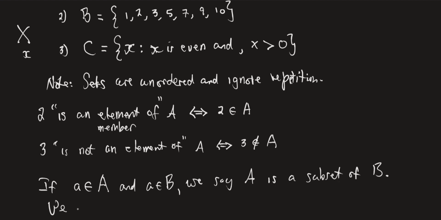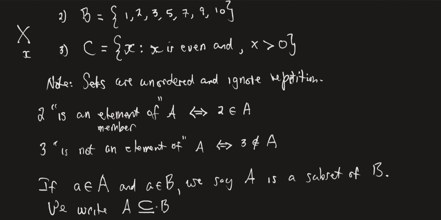And so we write A. Now the subset symbol is like a squished C, and then it has a line below it, and then your B there, right? So this is the symbol that tells us if big A is a subset of big B.